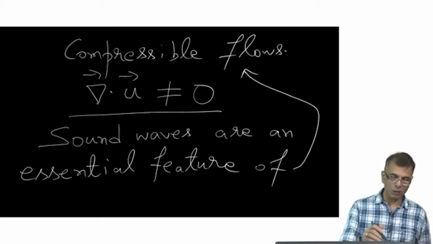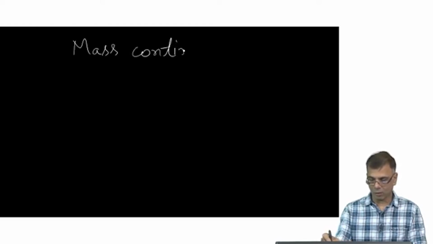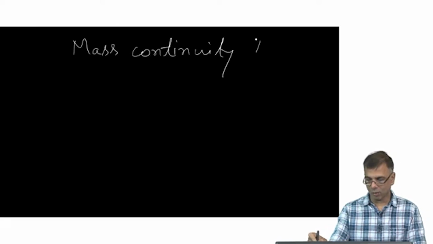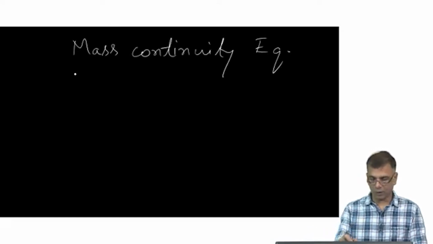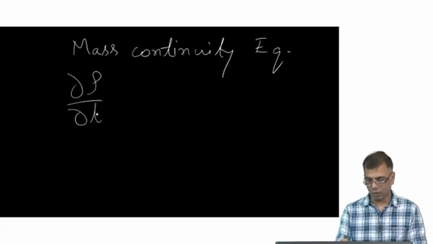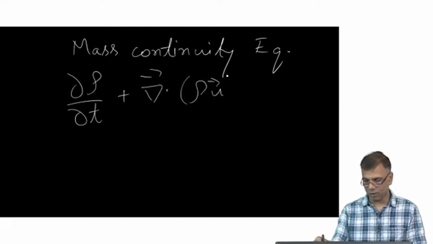And what we did there, by way of a very short recap, is we started with the mass and momentum continuity equations. We started first with the mass continuity equation, written in Eulerian form for convenience.